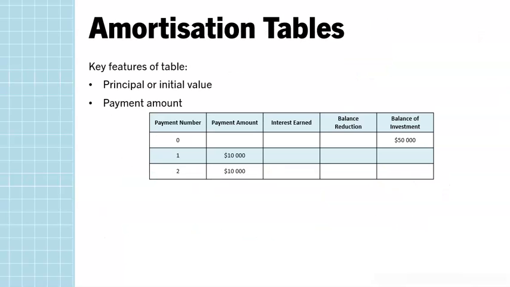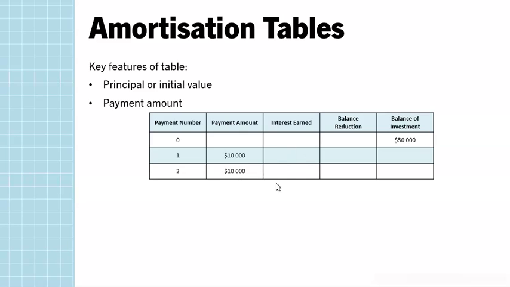Now we look at amortization tables in the context of annuities. So an amortization table will look almost exactly the same in an annuity as it would in a reducing balance loan. So you just need to be really careful that you are thinking it through carefully and that the values make sense. So here we can see we would have a balance of our investment, and at payment 0, that would be the initial amount. We see our payment amount, so this would be our value of D that's being withdrawn each time period.